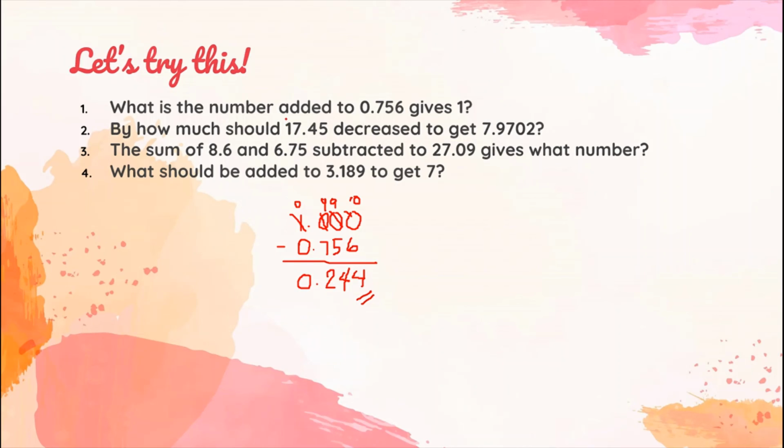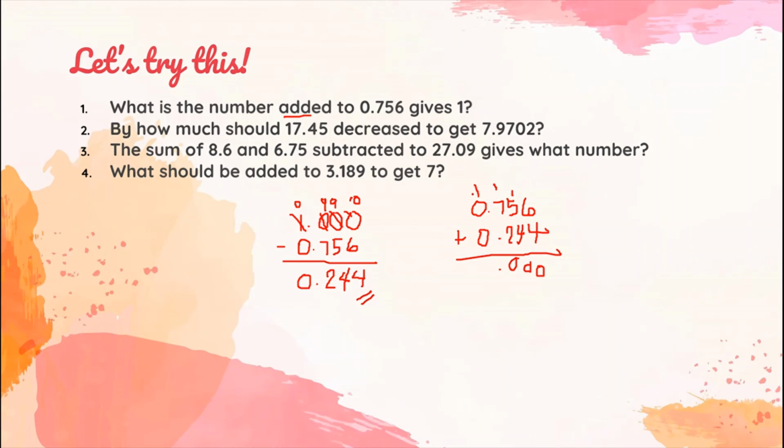But of course, we need to check our answer. So let's add our answer to 0.756 to give us a whole number 1. Let's add 6 plus 4, this one is 10, carry 1. 1 plus 5 plus 4 is 10. 8 plus 2 is 10, carry 1.